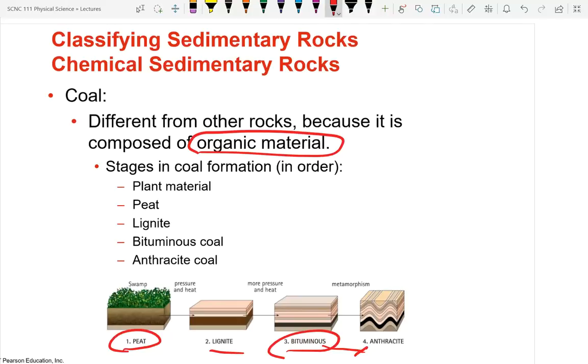So if you're burning coal, what kind of material was it originally? Okay, for coal, it was plants. Yeah, so if you're burning coal, you're burning plants.